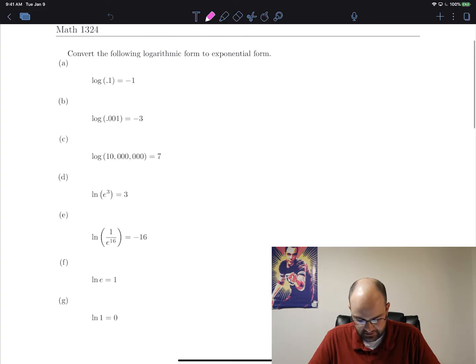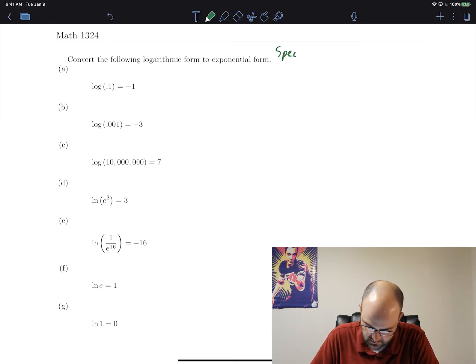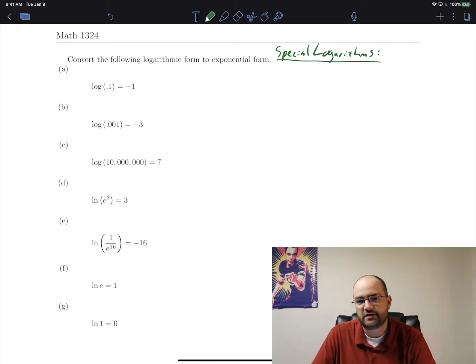What's important from this is that none of these have a base, and none of these have a base for a reason, because these are actually special logarithms. They're special logarithms because they have bases that are very common.